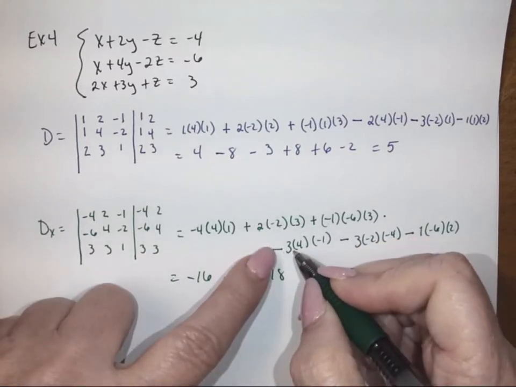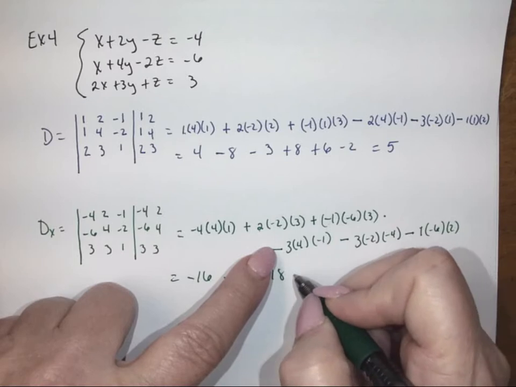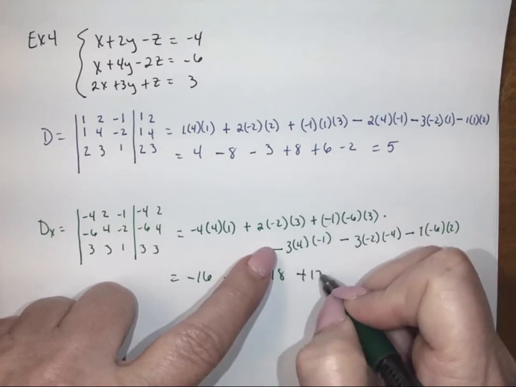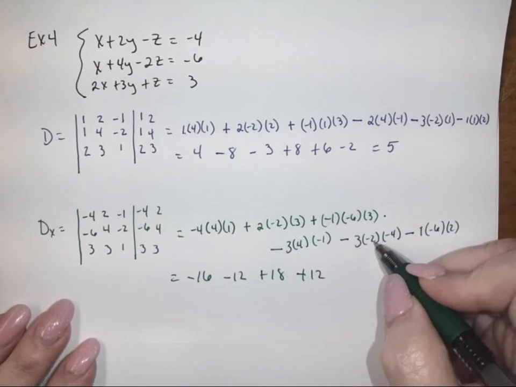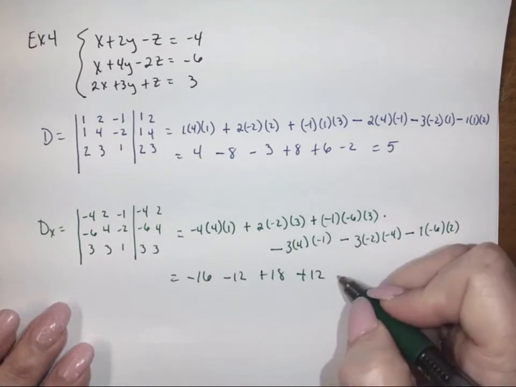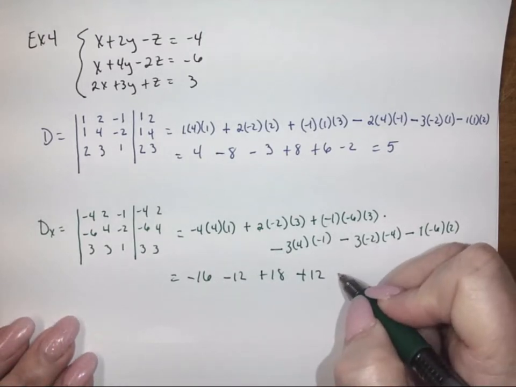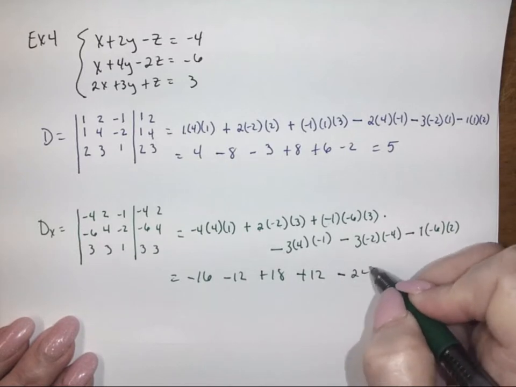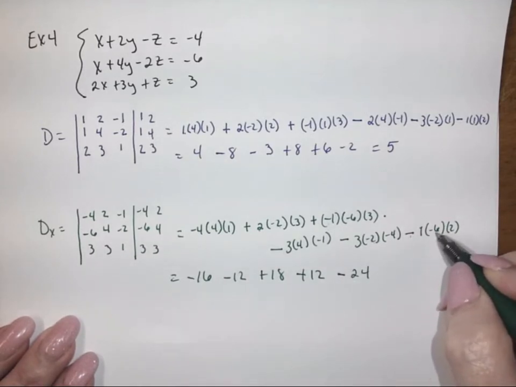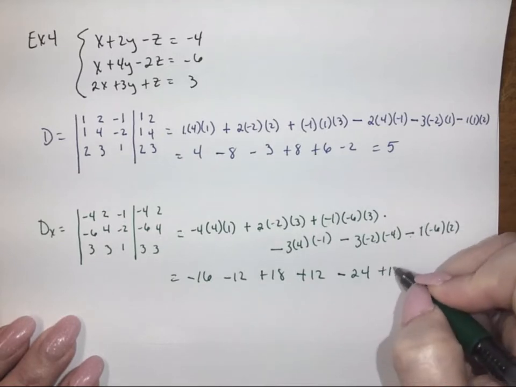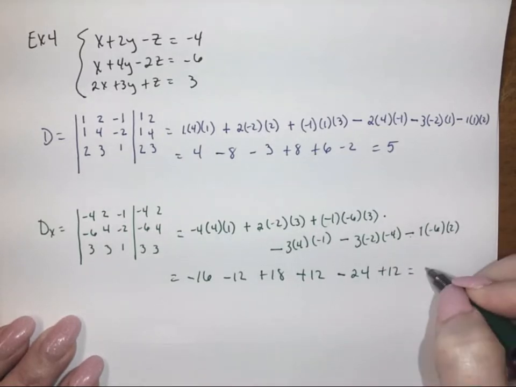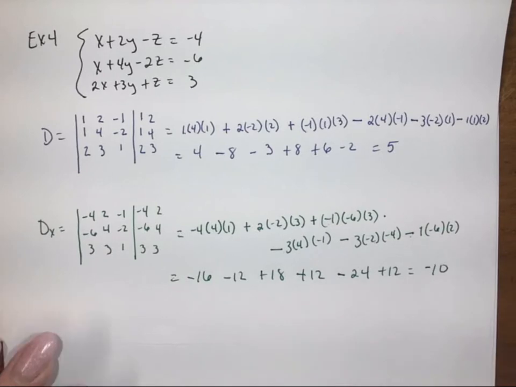Then negative 3 times 4 times negative 1 will get us a positive 12. And then negative 3 times negative 2 times negative 4 will get us a negative 24. And negative 1 times negative 6 times 2 will get us a positive 12. And when we add those, we should end up with a negative 10.